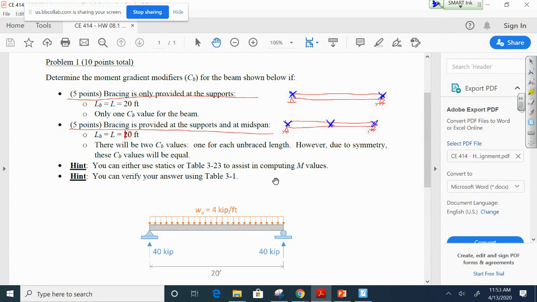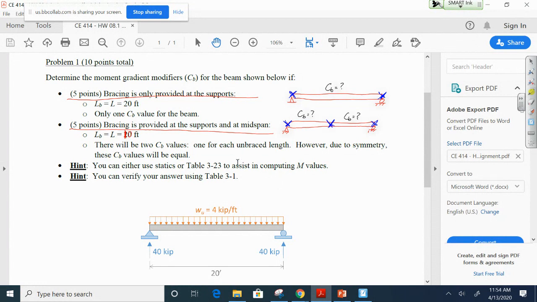Now, technically, the top beam only has one CB value, but this one has two. But because the beam is symmetric for the second case, I'll go ahead and tell you the CB value for the left and the right are the exact same.